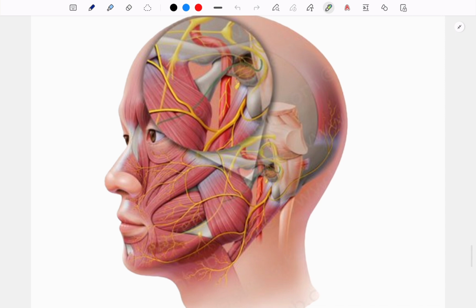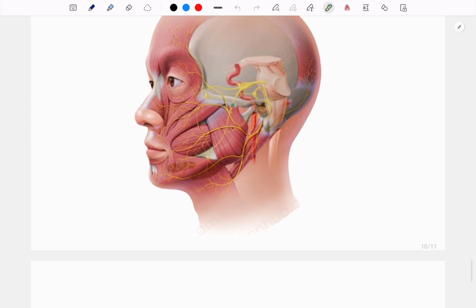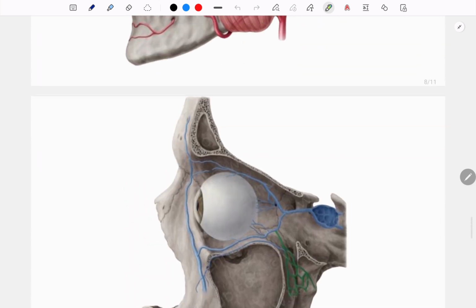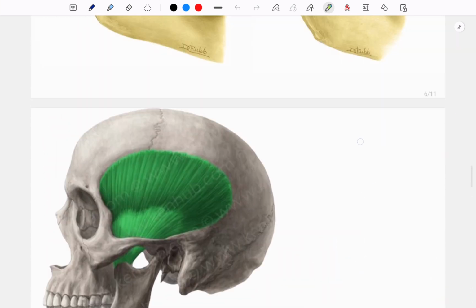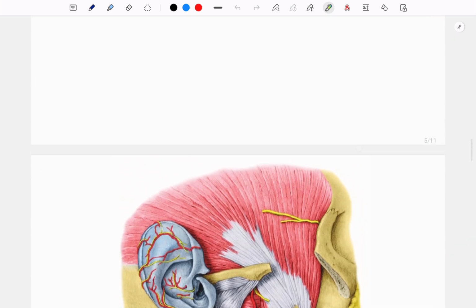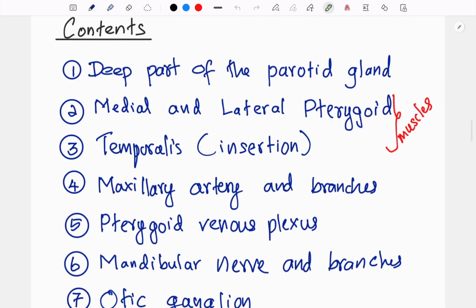Here you can see the chorda tympani, now enlarged here, and this is the otic ganglion. Now you know the muscular, nervous and important vascular structures inside the infratemporal fossa area.